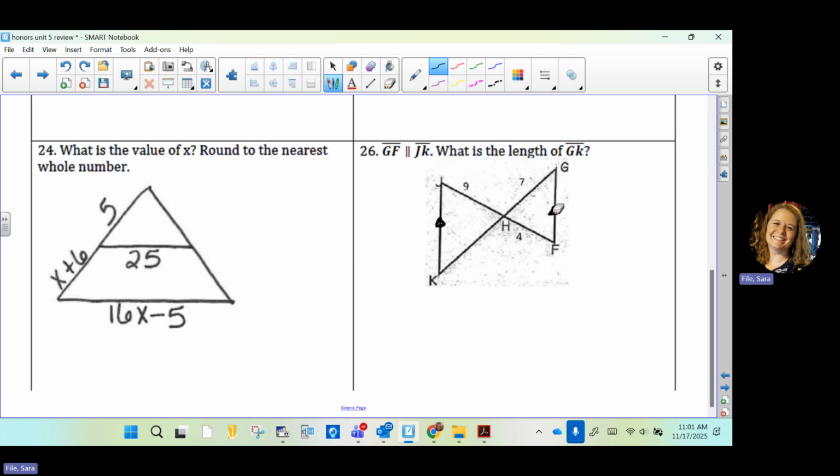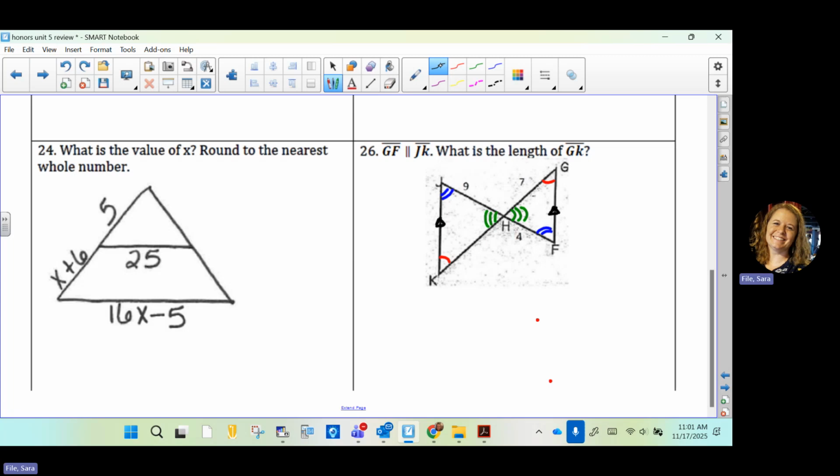Now, because of those markings, I know that these triangles are similar because alternate interior angles would be congruent, and the vertical angles in the middle would be congruent. So I know these are similar triangles, and they are asking for GK.